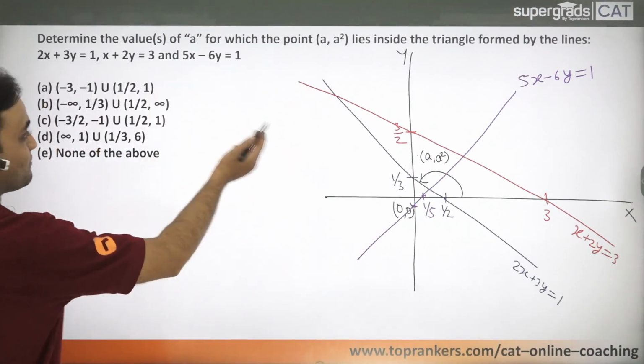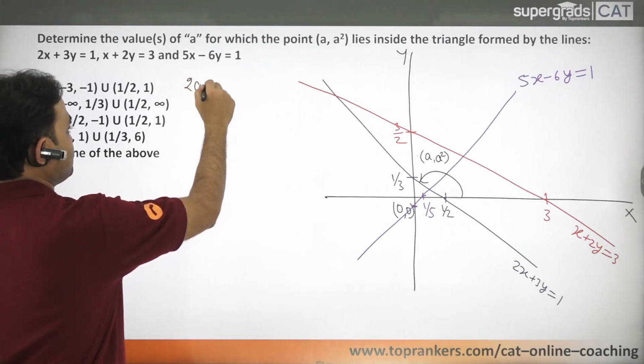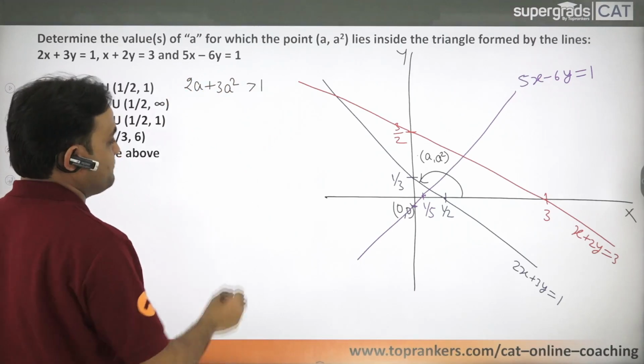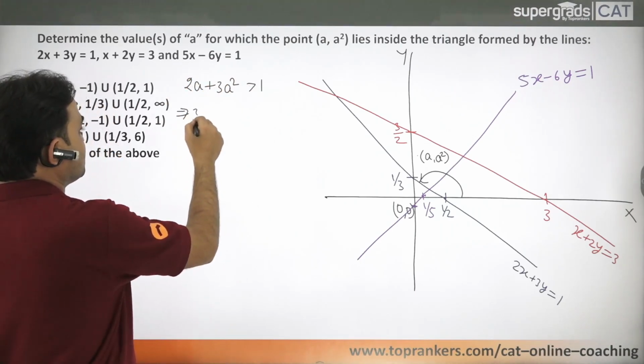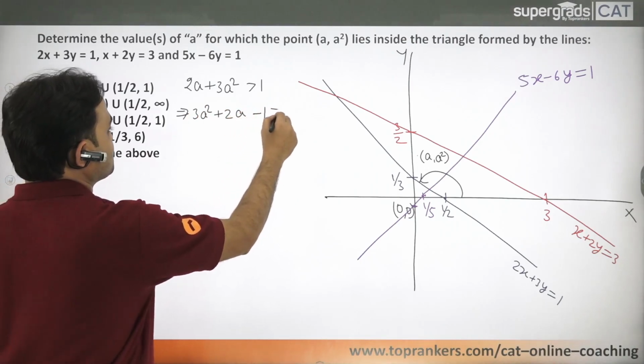So let's put it here. First, I can say 2a plus 3a square should be greater than 1, right? Or 3a square plus 2a minus 1 should be greater than 0.